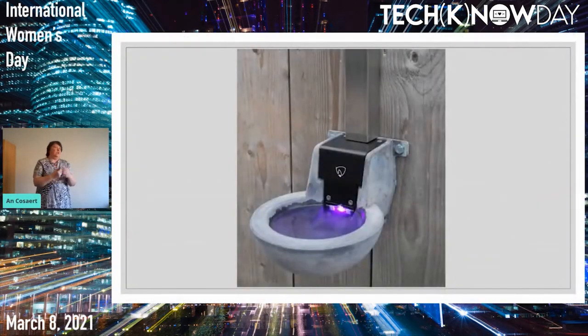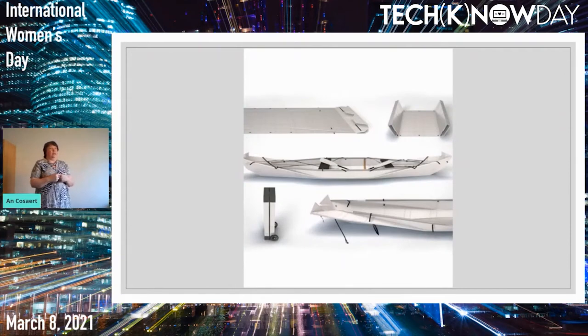Well, let's make two easy examples. These are two Belgian companies. One company made a drinking container for animals, horses, and one company made a canoe out of foldable material. From a product development point of view, these are two rather similar companies.